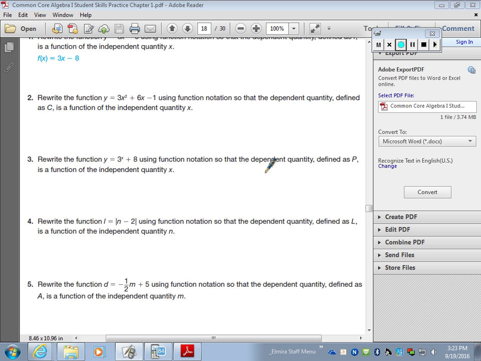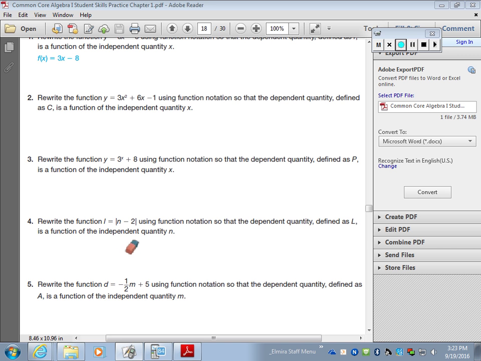When I write this, I can't write f of x equals absolute value of n minus 2. Don't write that. X would be wrong, because that's not the variable we're using over here. We have to use the same variable that we used in the problem itself.